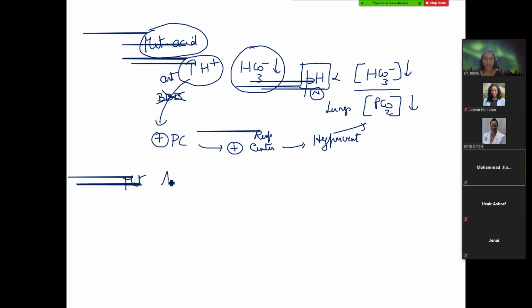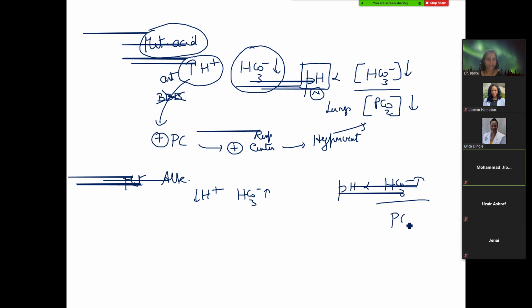What's metabolic alkalosis? Here H plus is less and bicarbonate is more. According to Henderson, if bicarbonate has increased, what should happen to carbon dioxide as well? It should go in the same direction, it should increase, to get the pH back to normal. How does this happen? When H plus decreases, what happens to the stimulus for the peripheral chemoreceptors?